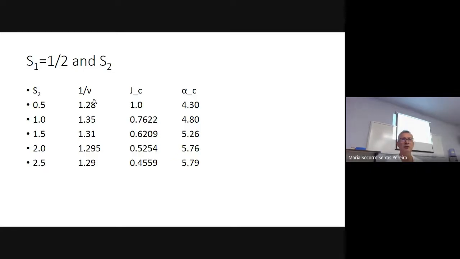And what we saw was that the critical point moves continuously toward 0 when this spin 2 goes to infinity. This is somehow expected, because you have some kind of destruction of the quantum correlations, since the spin would be effectively classical. But the main information here is that the correlation length exponent seems to be universal.